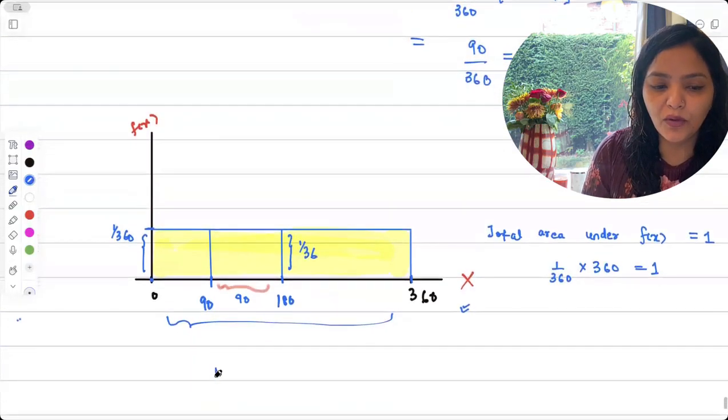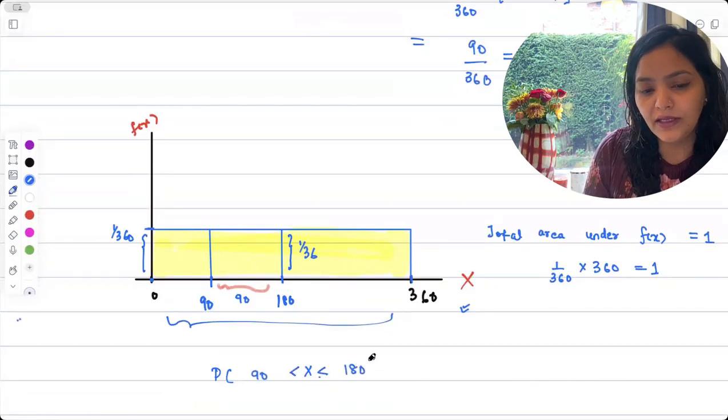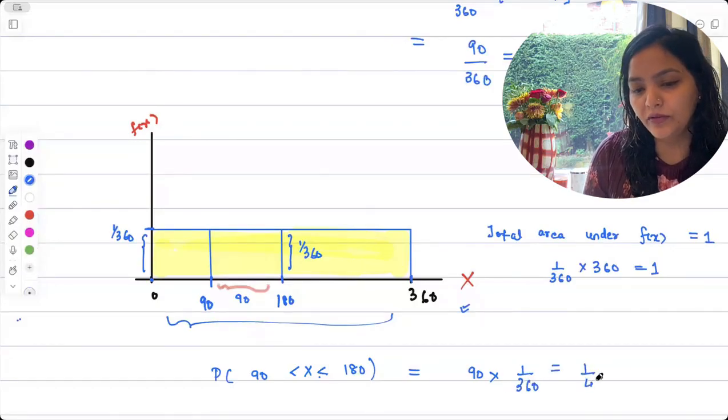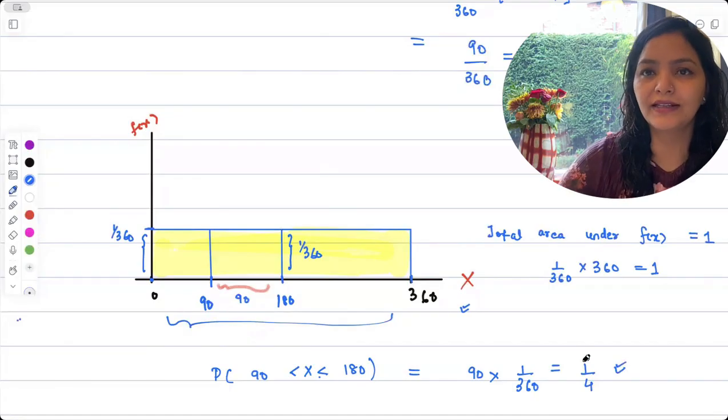So from here also you can pick up that the area from 90 to 180 is the area under this curve. So the area of the rectangle where one side is 90 and the other is 1 upon 360, so 1 upon 4 again. And that's the correct answer.